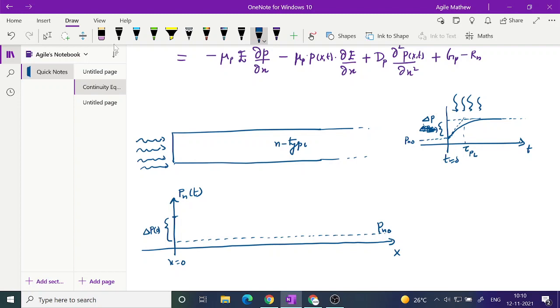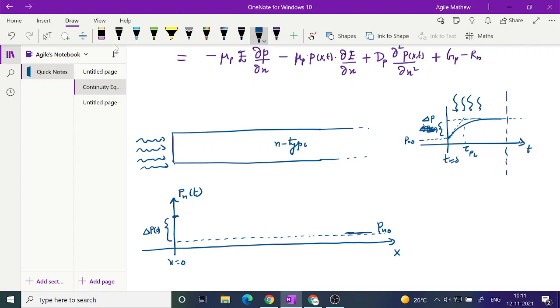I am not plotting with respect to time. I am plotting now with respect to position. So light is getting switched on, and then the concentration rises up. So now I am looking at a particular time, at a later time after it reaches the steady state. I am showing the concentration here. So on this side only light is there, but far away, since it is a long semiconductor, we expect that the concentration would not be affected.